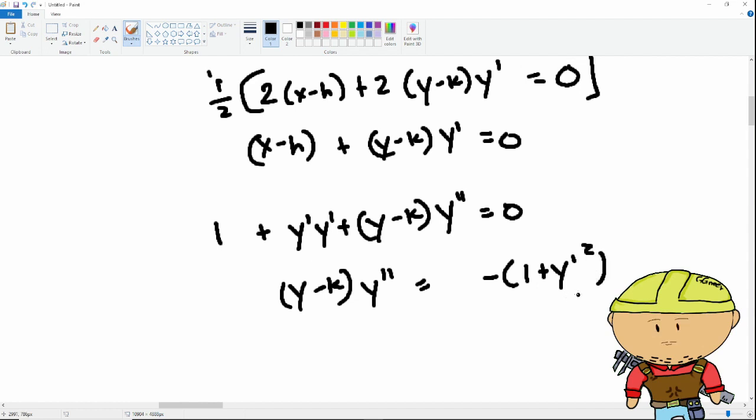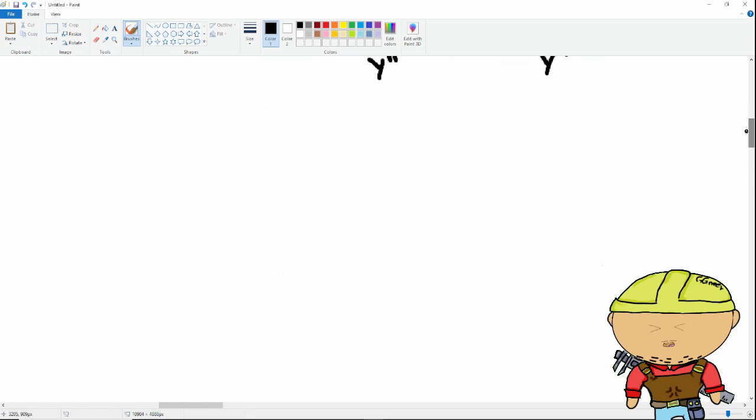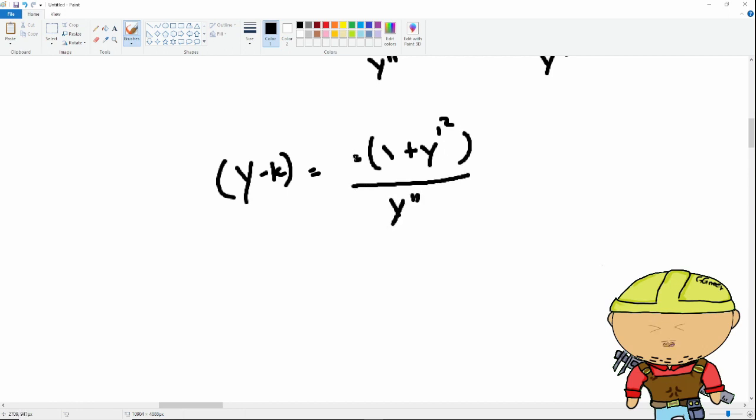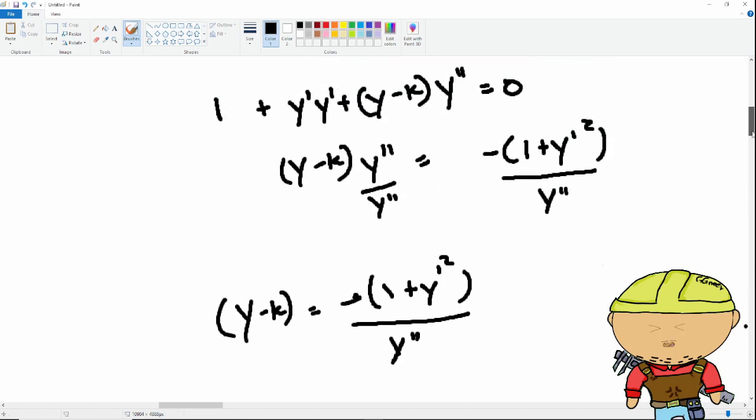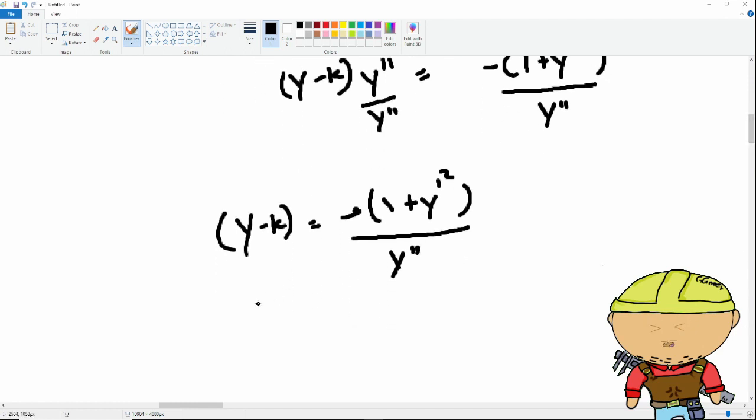If we divide both sides by y double prime, that will be y minus k is equal to negative 1 plus y prime squared over y double prime. That's y minus k. And k is y plus 1 plus y prime squared over y double prime.